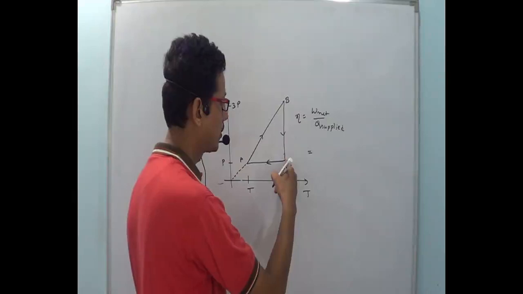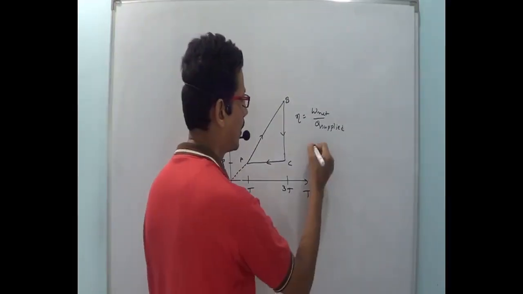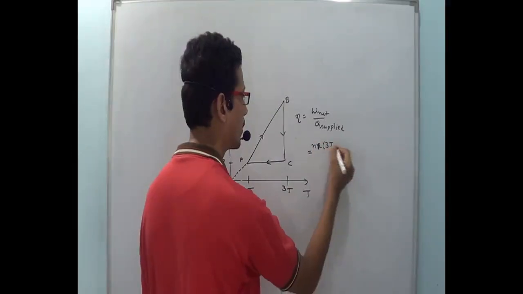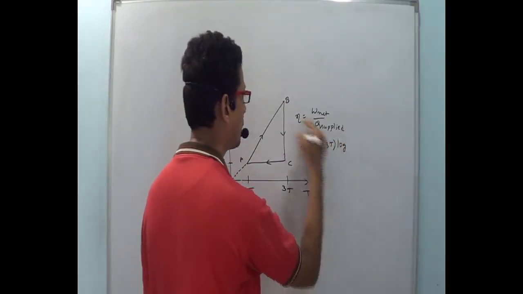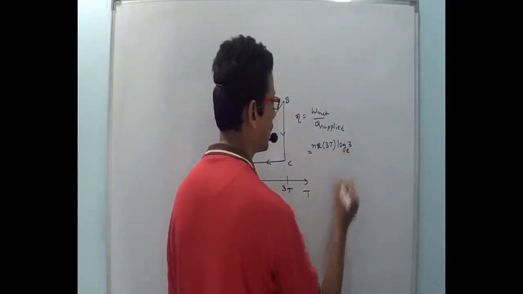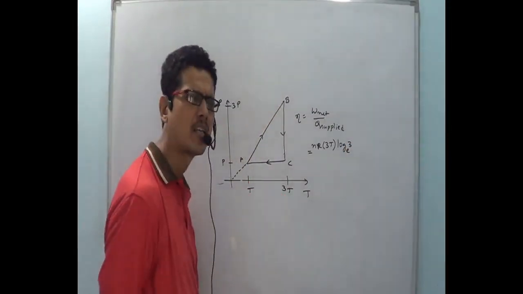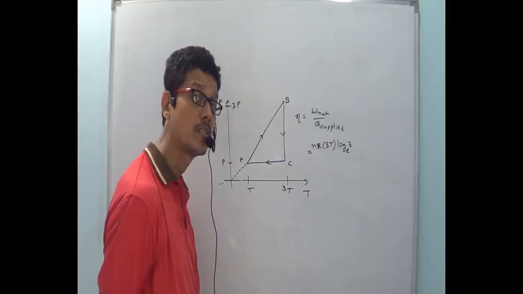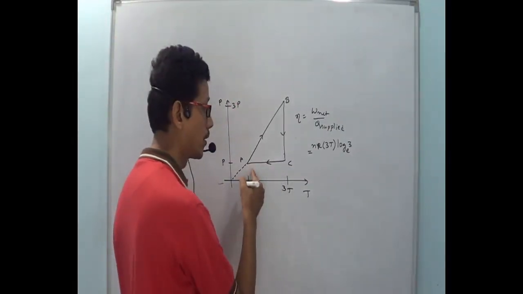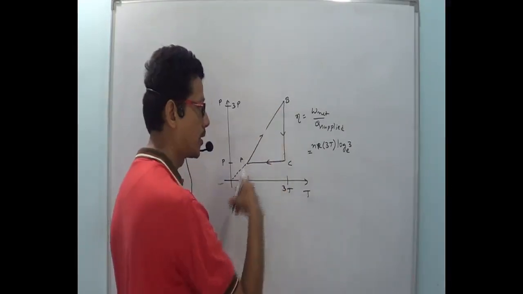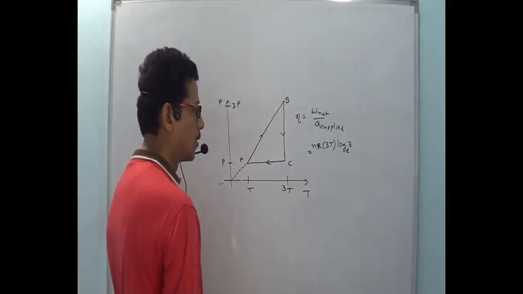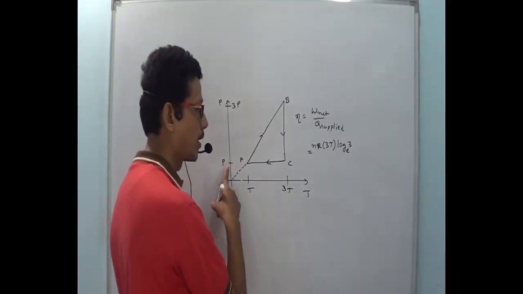What is the work done here? nRT, put nR into 3T, nRT log P1 by P2, 3P by P, log 3 base e. You can take ln 3 also, or write log 3 base e. Okay, what is this work done then? I have not taken this work done because that is 0. I have to take this work. What is the work done in a constant pressure process? nR dT.